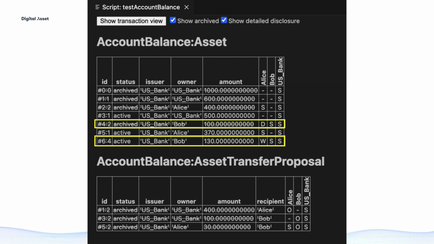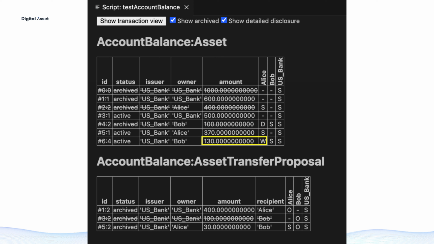When Bob accepts the $30 from Alice, as his existing asset $100 is fetched in the process of creating a new asset $130, both his fetched asset and his new asset become visible to Alice. Indeed, the $100 that Bob has accepted from UB has been marked D for Alice, which indicates that the particular asset owned by Bob has been divulged to Alice.